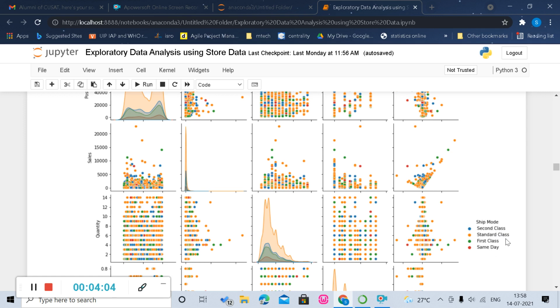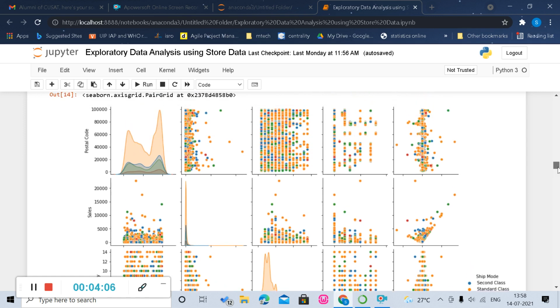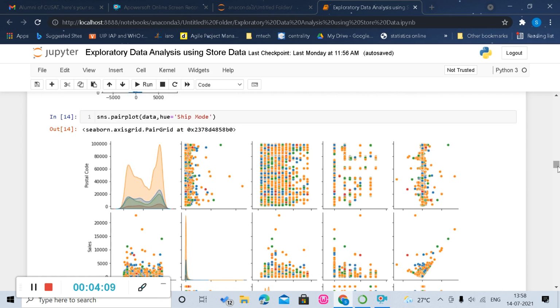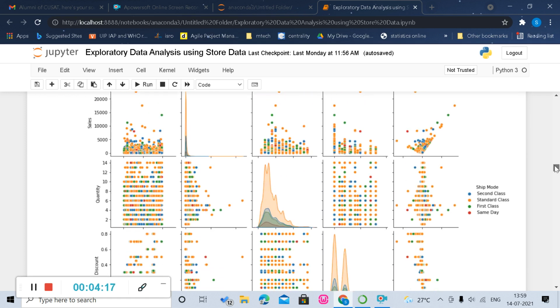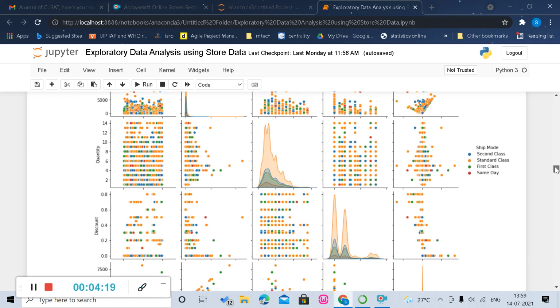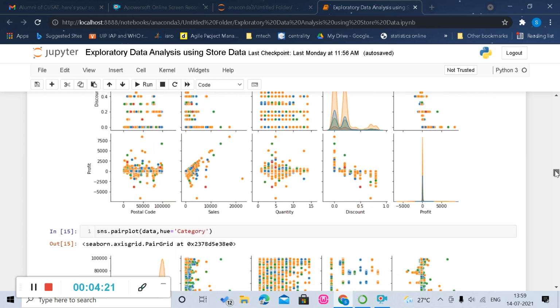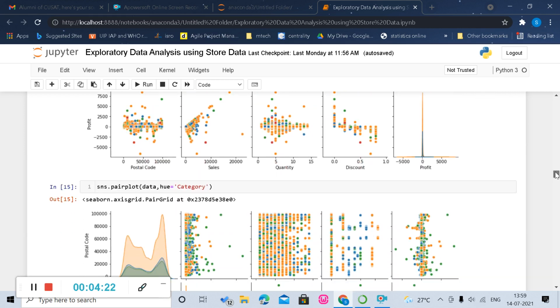Based on this ship mode, I have plotted a pair plot of the entire dataset. So postal code, sales, quantity, discount, profit, etc. are displayed one by one.